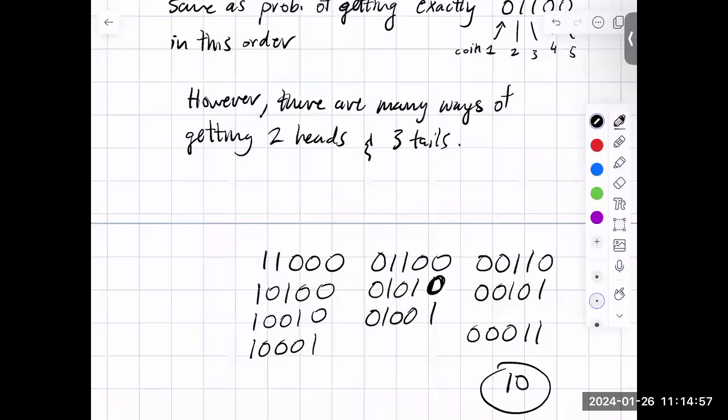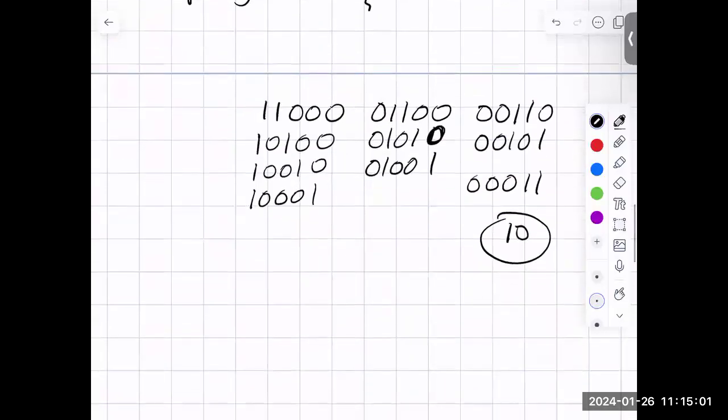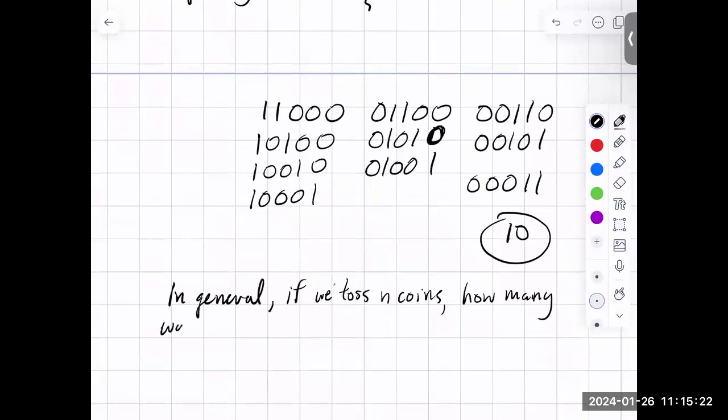Anyways, let's move on and see if we can develop this binomial distribution. So in general, if we toss n coins, we can ask how many ways, or permutations.